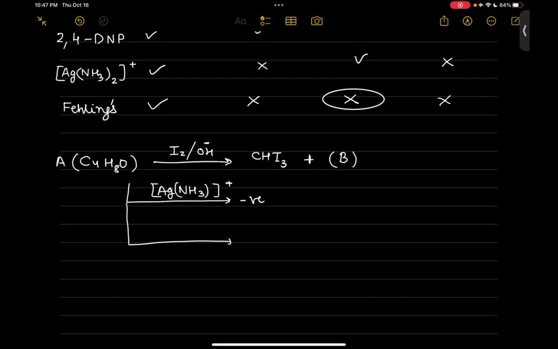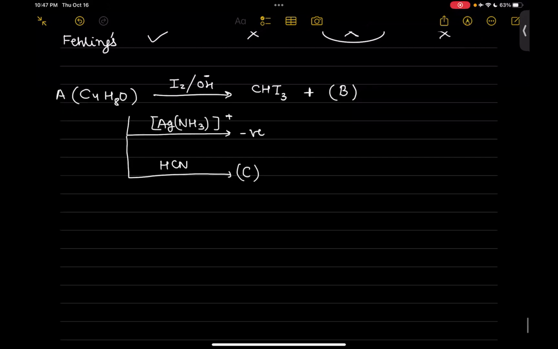That you need to tell. And what is the product C formed when A is reacted with HCl? Getting my question?